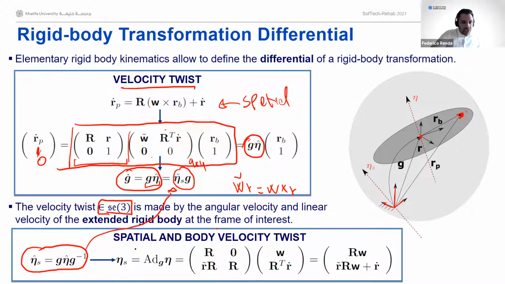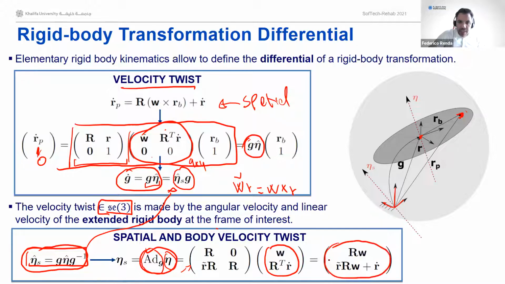If you do this computation, you will notice that in the 6 by 1 representation of your twist, you can compute this multiplication using 6 by 6 and 6 by 1 matrices in this way, where we have used the adjoint map and the velocity twist in the body frame. So as you can see, the velocity twist in the body frame is the 6 by 1 representation of this 4 by 4 matrix, pre-multiplied by the adjoint, producing the twist in the spatial frame.